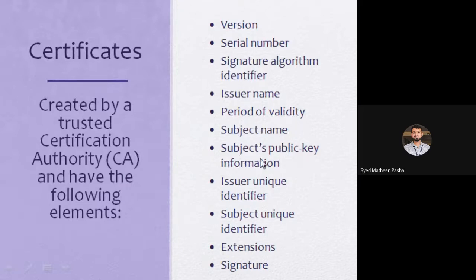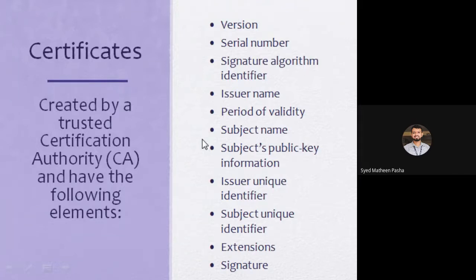Then we have the subject's public key information. Whatever subject the certificate is issued to, the information of that particular subject should be provided in the certificate. Then the issuer's UID, the subject's UID, extensions, and most importantly, the signature should be provided in the certificate.